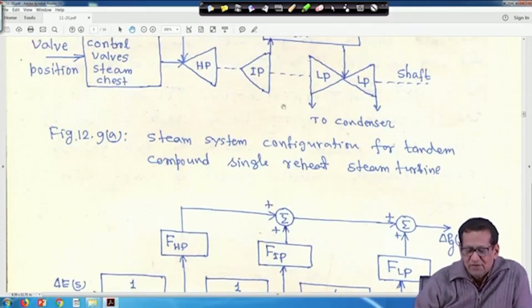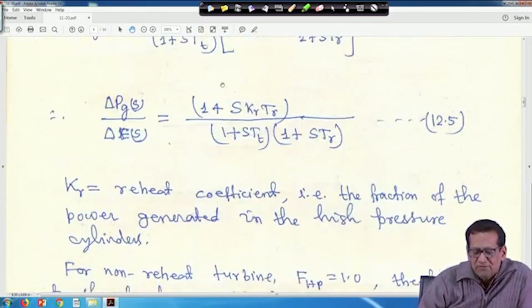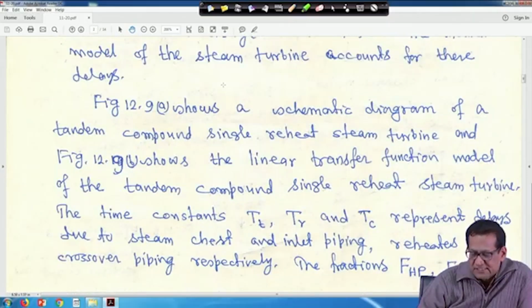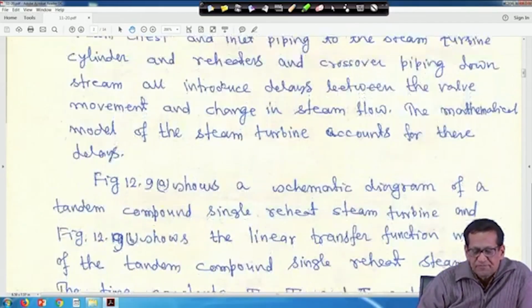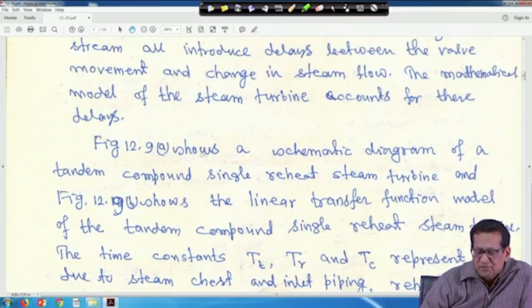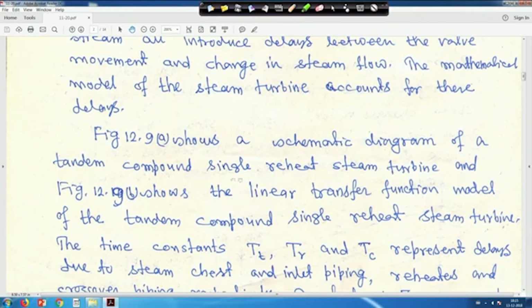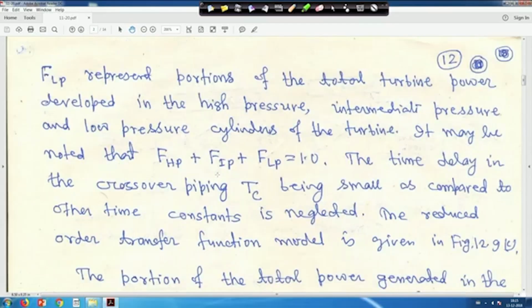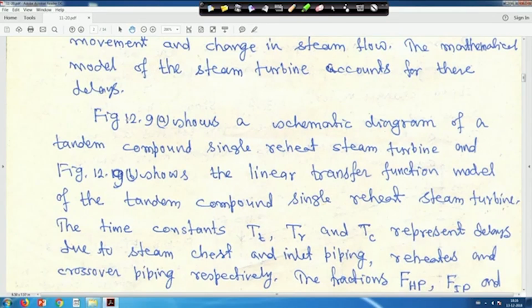Now, just hold on, yes. Figure 9a, that I showed you, shows a schematic diagram of a tandem compound single reheat steam turbine, and 9b shows the linear transfer function model of the tandem compound single reheat steam turbine. The time constants TT, TR and TC represent delays due to the steam chest.